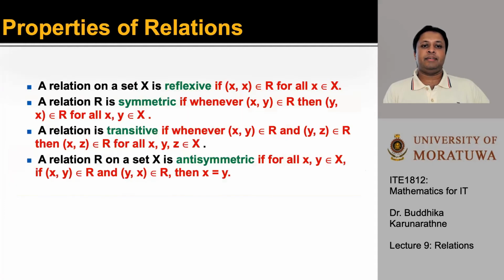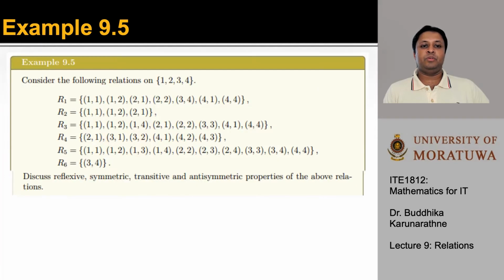So it satisfies the condition to be called a symmetric relation. Because R2 contains (1, 2) and (2, 1), we can call it a symmetric relation. Similarly, if you examine R3, you would see that it also satisfies the condition to be called a symmetric relation.